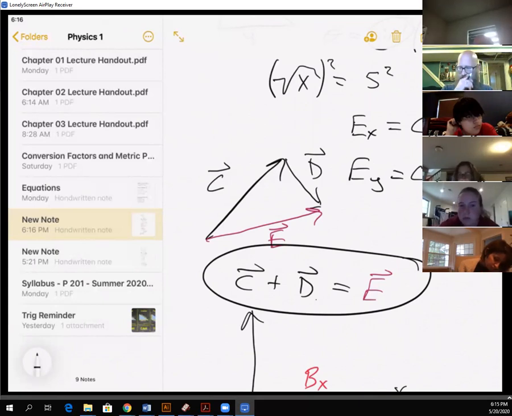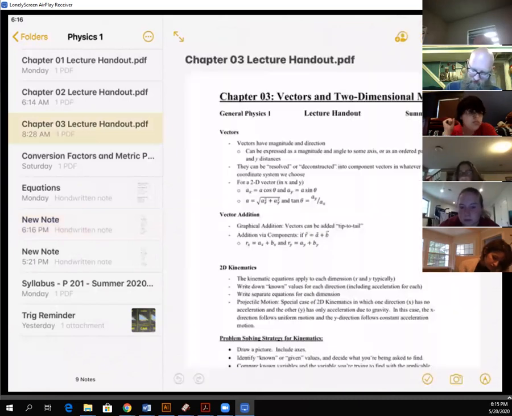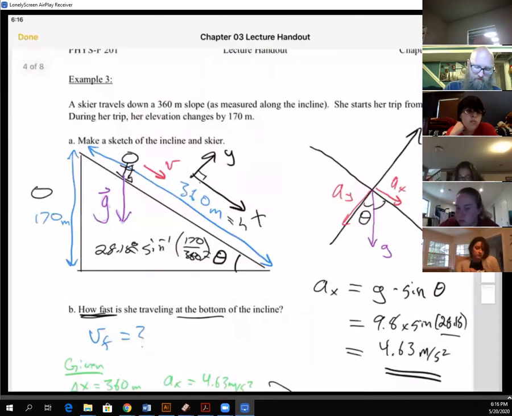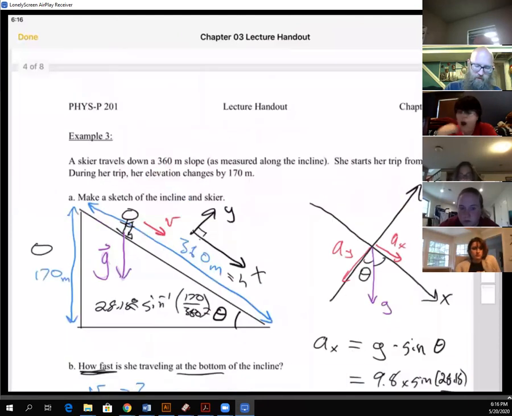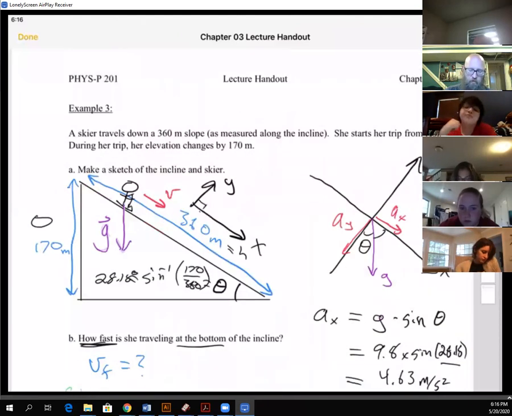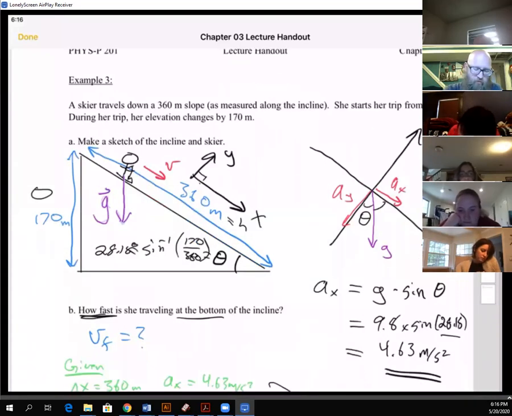In the pre-lecture video for motion on an incline, I gave this example of a skier traveling down a slope. It's really a one-dimensional problem masquerading as a two-dimensional problem, right?